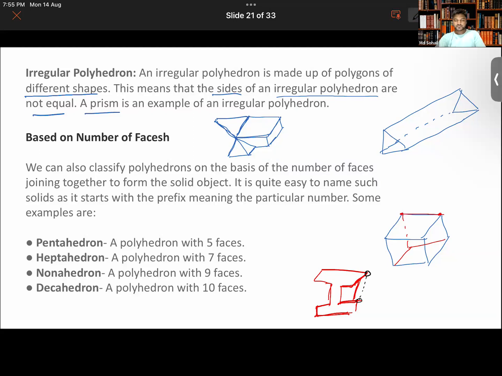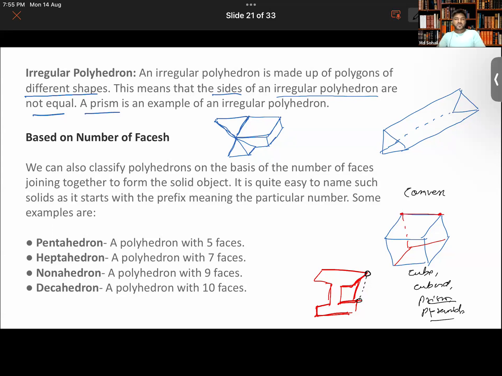Considering some examples of convex polyhedrons, you have the cube, the cuboid, then the prism, and the pyramid as well. In today's class, we will also get to know the difference between prism and pyramid and what the similarities are.